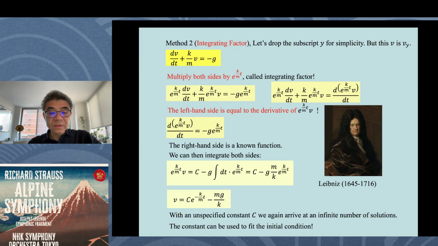Okay, so with this unspecified constant, we again arrive at an infinite number of solutions, but the constant can be used to fit the initial condition, and finally we'll get just one solution. So this is the so-called integrating factor method. It's very beautiful, and the solution can be derived and calculated step by step systematically.